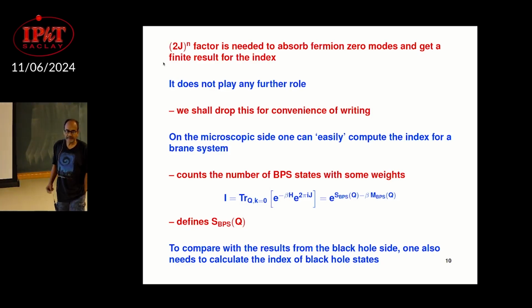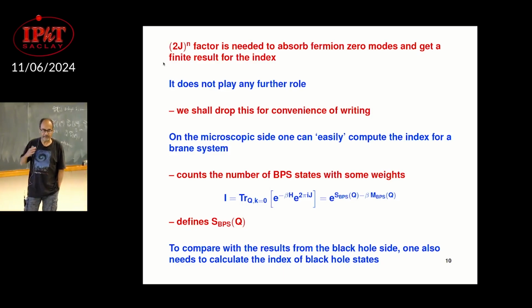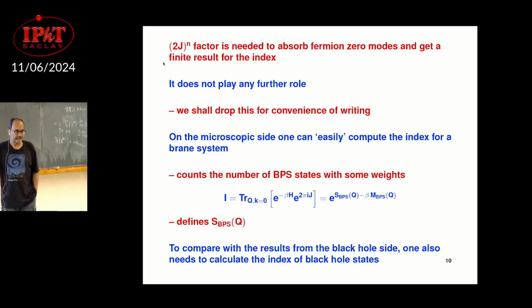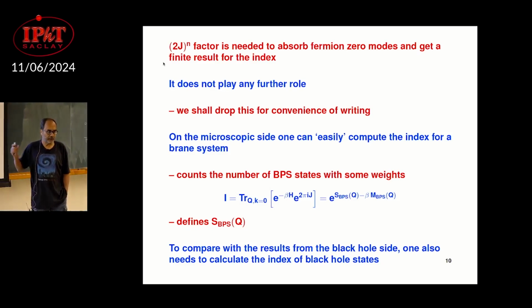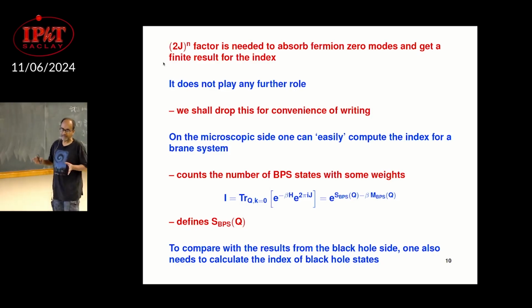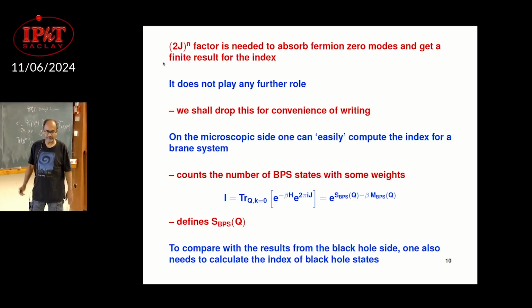There is also a similar understanding from the point of view of the gravitational path integral, namely that the gravitational path integral has some fermion zero modes, and this (2J) to the n basically soaks up those fermion zero modes. Otherwise it really has no role to play. So it is necessary, but its role is somewhat trivial.